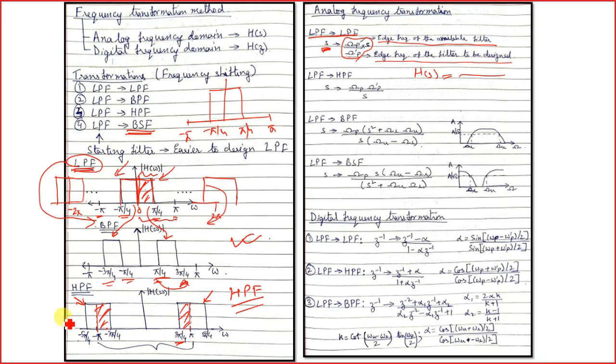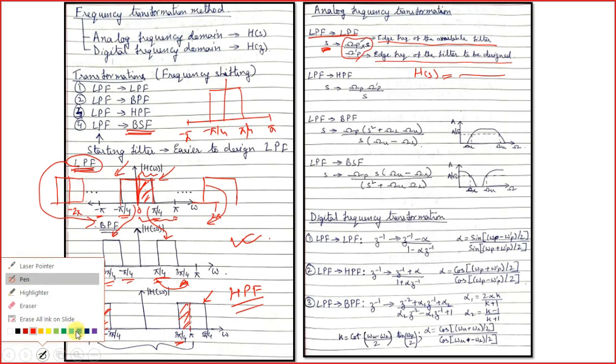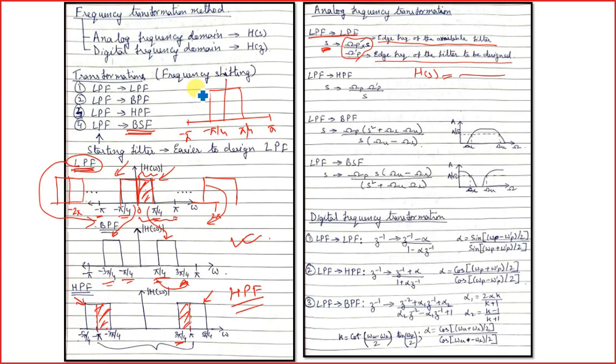You may be interested in designing a filter which has cutoff frequencies at, say, 3 pi by 4.